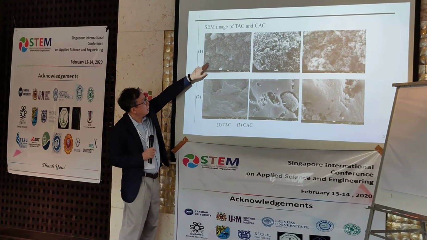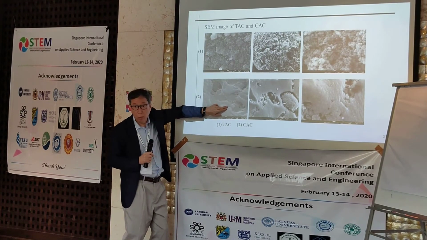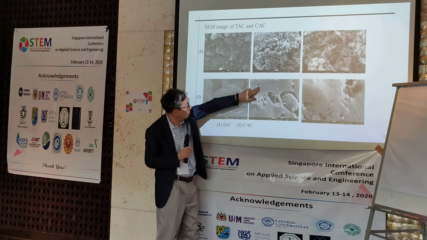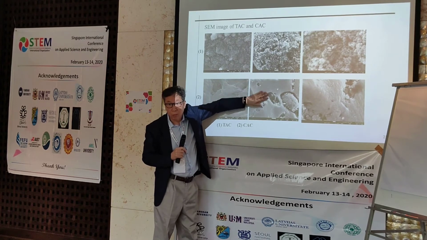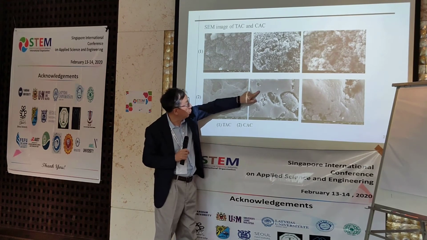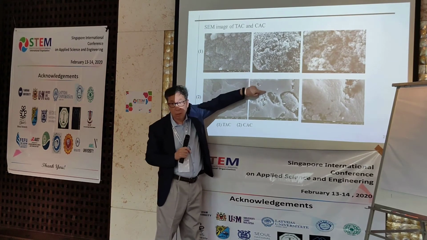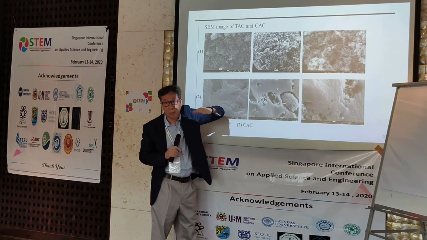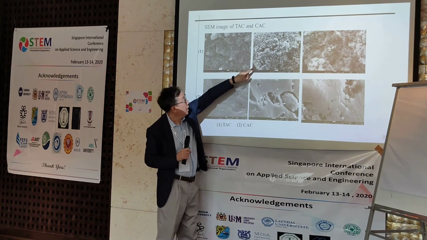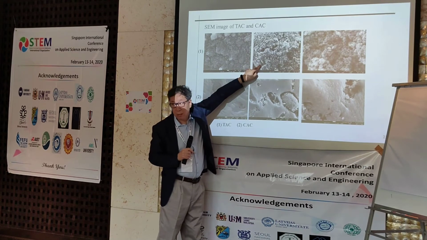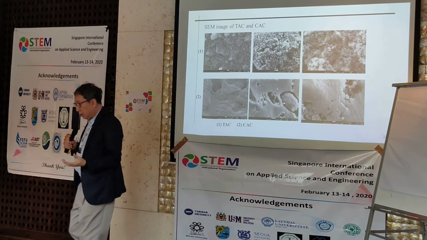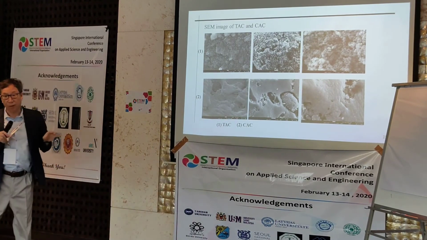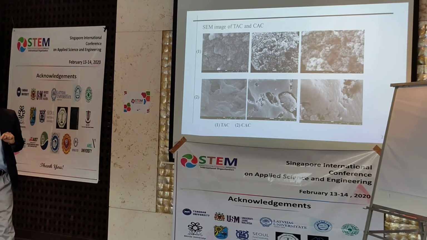And this is TAC, and this is commercial activated carbon. And it looks like this is quite a smooth surface, and no surface tortuosity and roughness. And this is the TAC surface, and I see that the surface is really different, and I see so many pores.